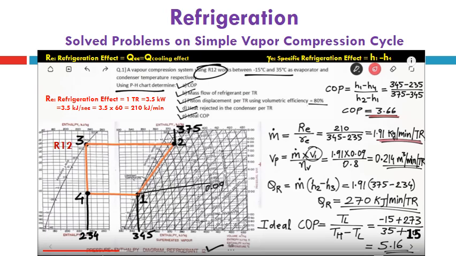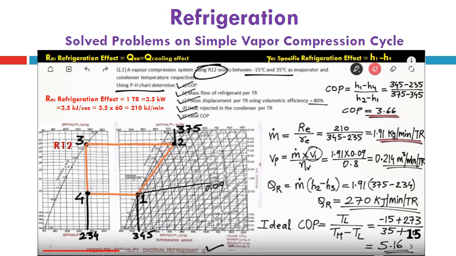The evaporating pressure contains point number 1 and point number 4 at the evaporator inlet and outlet, and also point number 2 and point number 3 on the condenser pressure, located at the condenser inlet and condenser outlet.